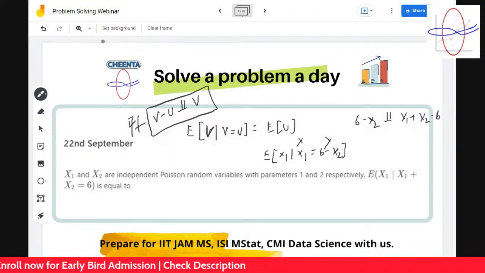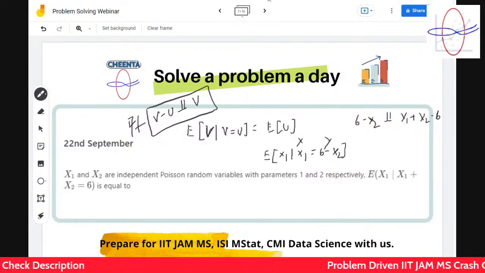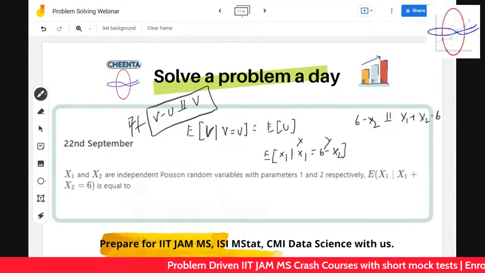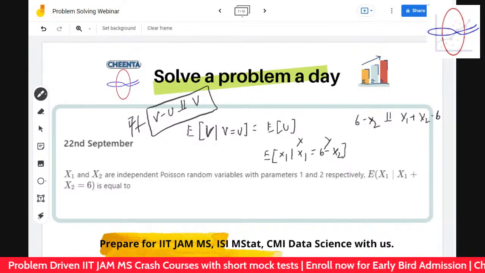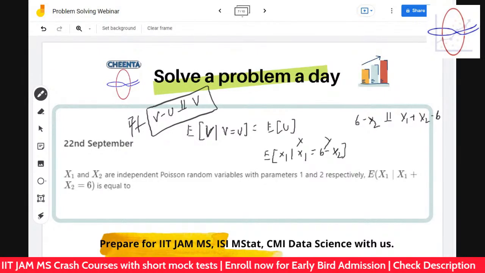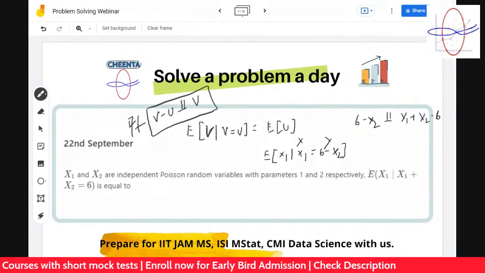So we need some different mechanism to do it. And then we can take expectation, no problem. Because after it follows binomial, then.